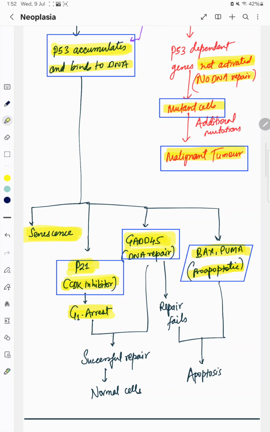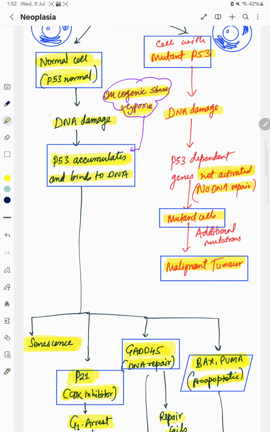If the repair is successful, then there will be a normal cell in the cell pool, or if the repair fails, this may stimulate apoptosis and result in cell death. And the fourth mechanism is that P53 activates pro-apoptotic factors like BAX and PUMA and will result in apoptosis of the damaged cell.